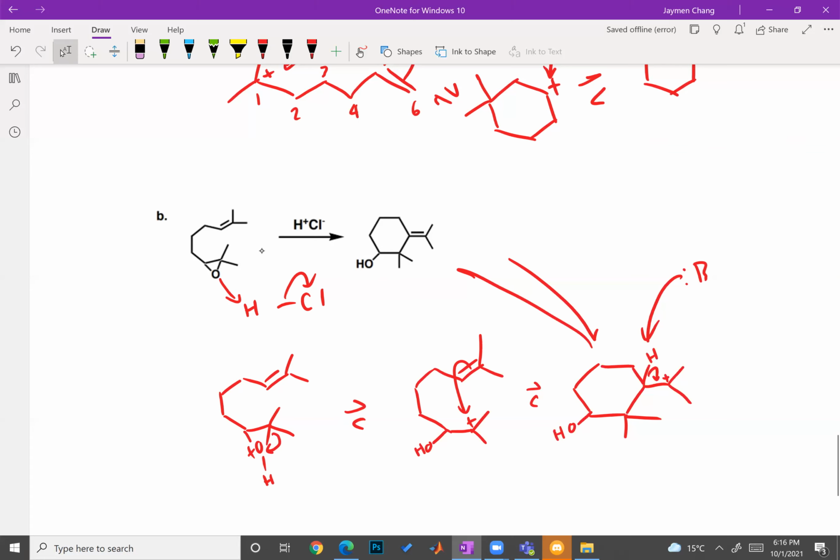And it can't be a leaving group by itself because we don't want an O- in basic conditions. So instead, before it leaves, it has to get protonated, and then we form the carbocation, and then we add to it. That is the key step with these reactions.